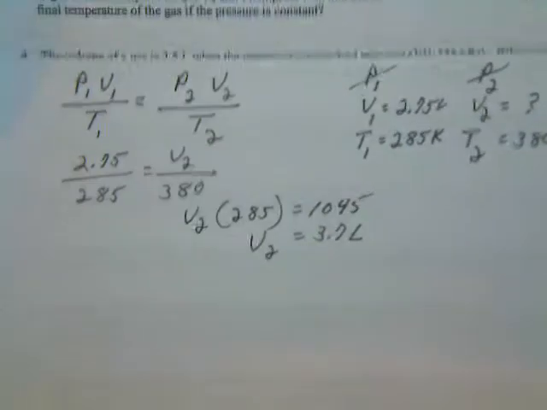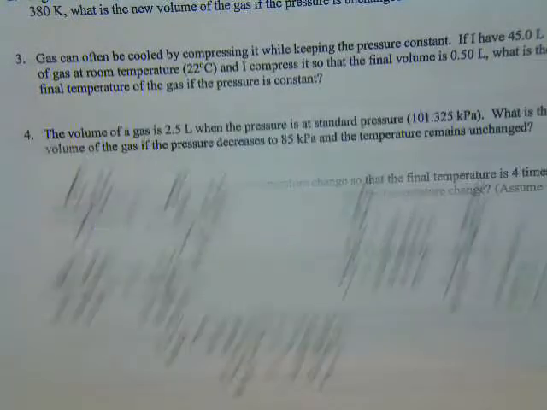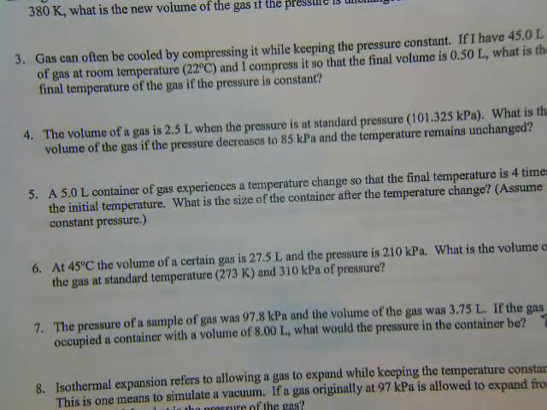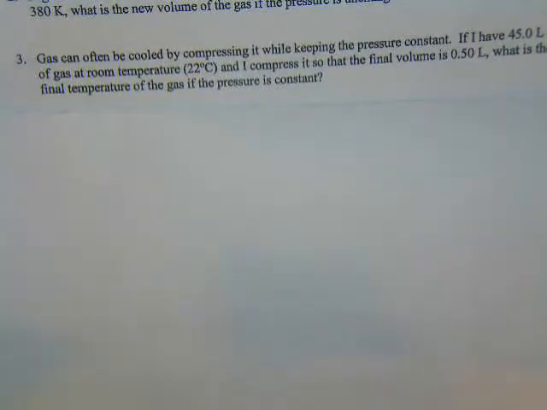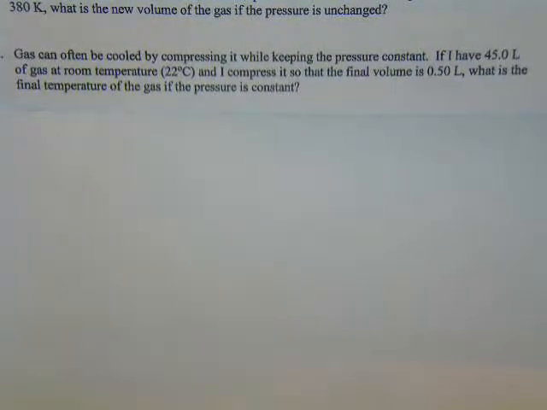So let's look at number 3. It says a gas can often be compressed by keeping the pressure constant. If we have 45 liters of gas at room temperature, 22 C, and I compress it so the final volume is 0.5 liters, what is the final temperature if the pressure is constant?